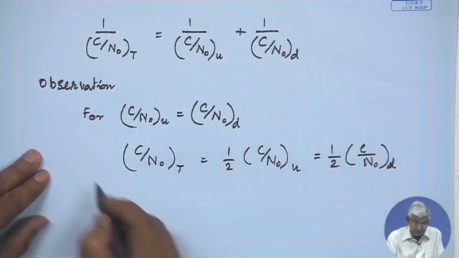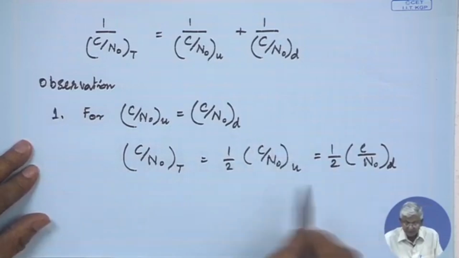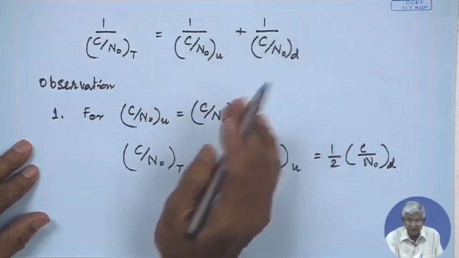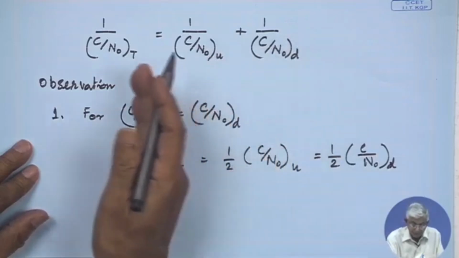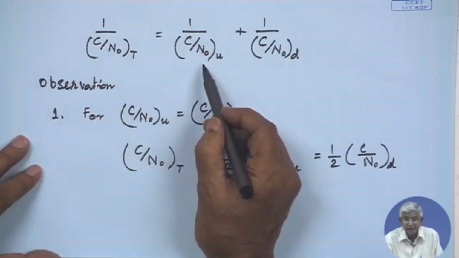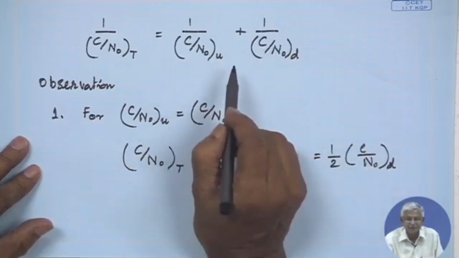So, that is one of the observations. In dB terms you will see it is 3 dB down, since both of them are equal. So, it will be lower than, it is half of that C by N0 up and C by N0 down, whichever you take when both are equal.